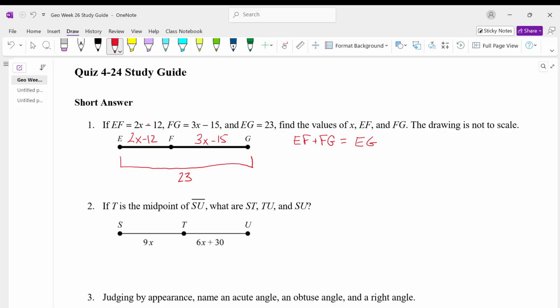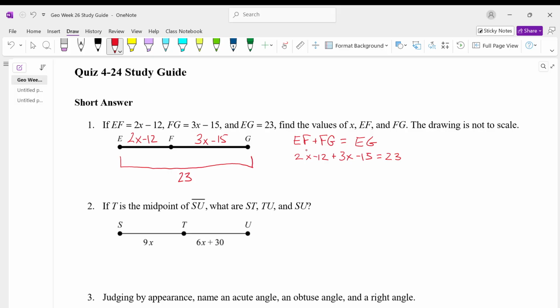So then just substitute these expressions into this formula. So E to F is 2x minus 12 plus F to G, which is 3x minus 15, and that equals 23.